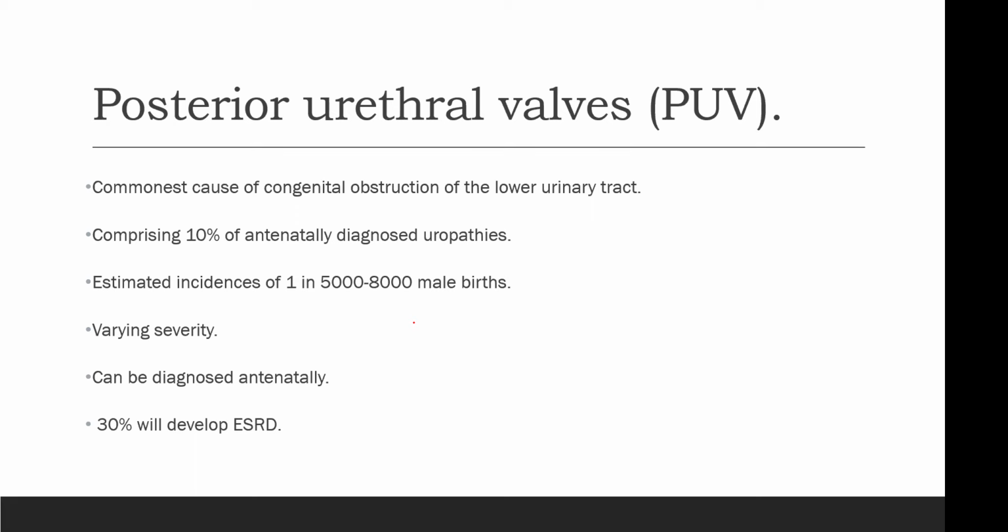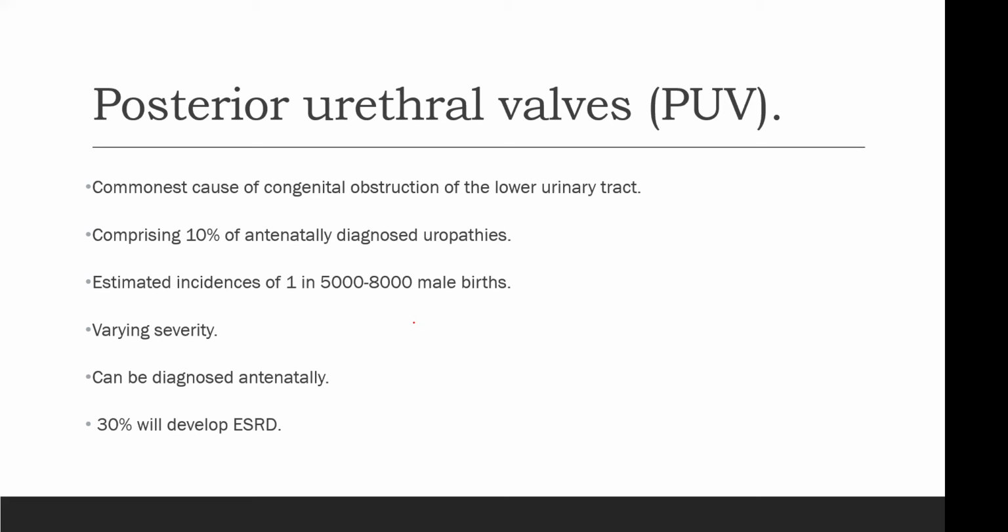But it is thought to be more common in fetal death. If you do autopsies on fetuses that died with no apparent reason, it can be discovered that some of them might have had a posterior urethral valve.